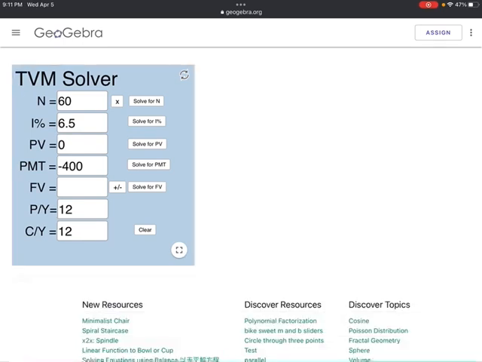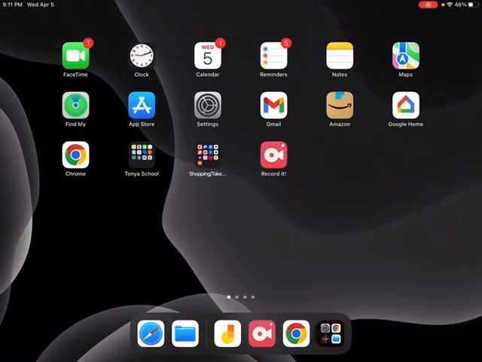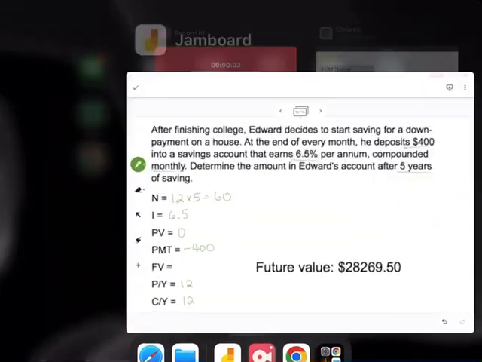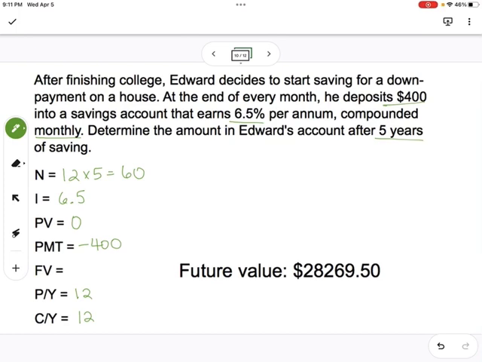Once we have all those values in there, we hit solve for future value, and we get $28,269.50. That's the number that I already had written down for future value here. That's what was calculated, and we hit solve for that.